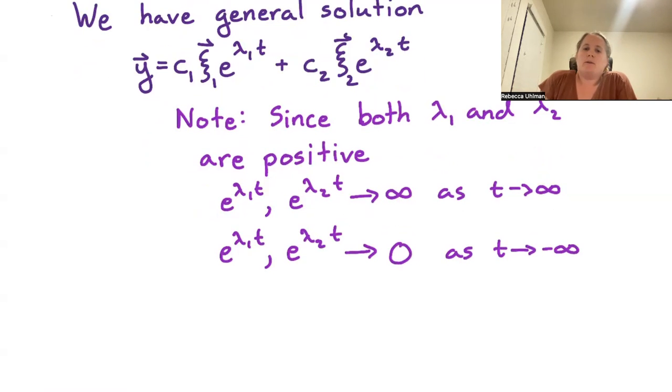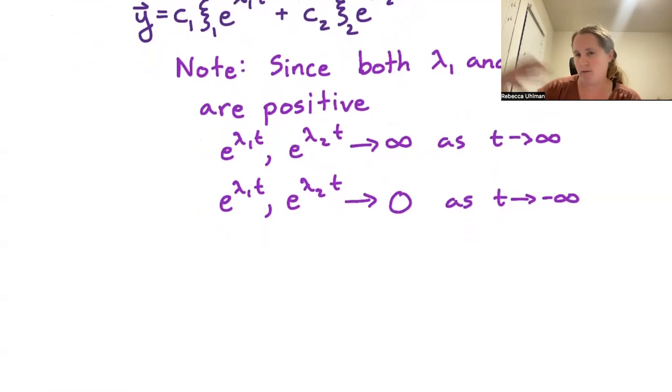So if we go backwards in time, we'll head to the origin. As we go forwards in time, we'll head off to infinity, or off to the edges of our system.